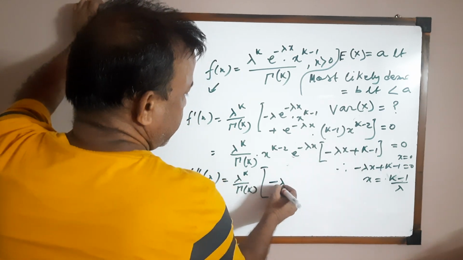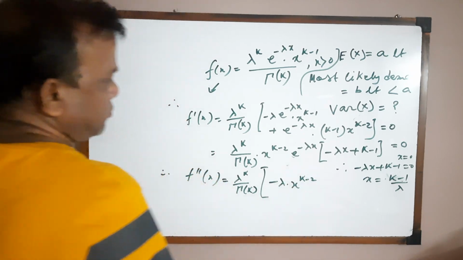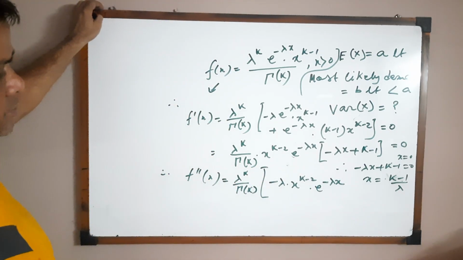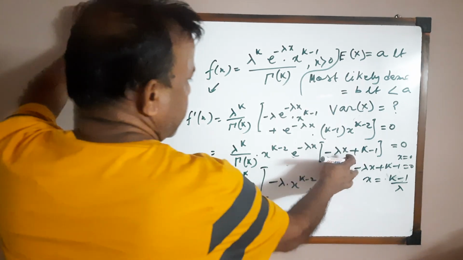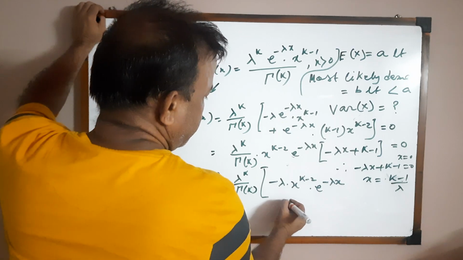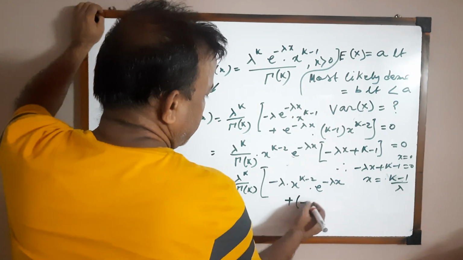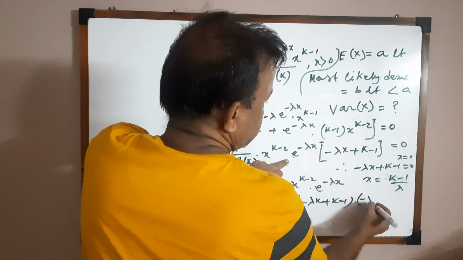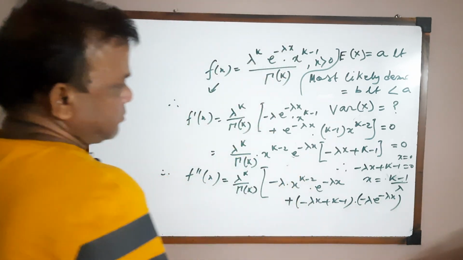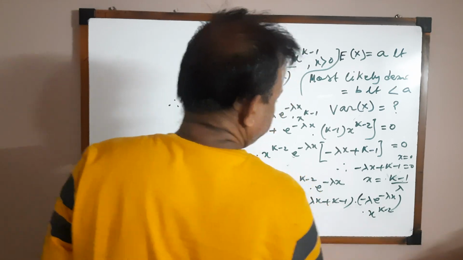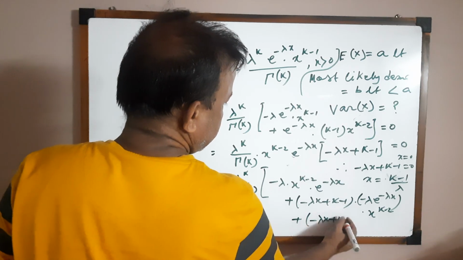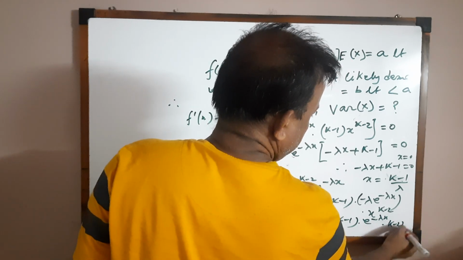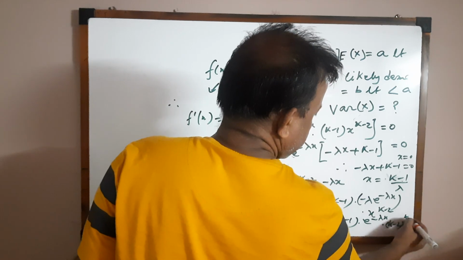Differentiation of this: minus lambda into x to the power k minus 2 into e to the power minus lambda x, minus lambda, plus minus lambda x plus k minus 1 into minus lambda e to the power minus lambda x into x to the power k minus 2, plus minus lambda x plus k minus 1 into e to the power minus lambda x into k minus 2 x to the power k minus 3.